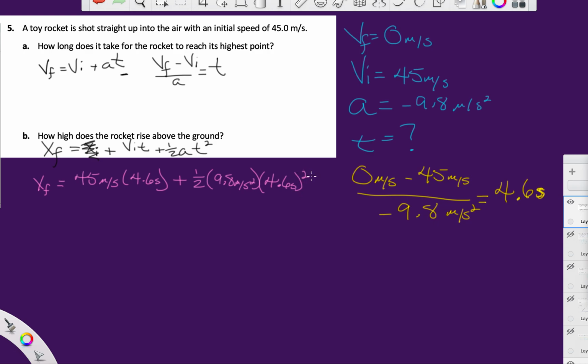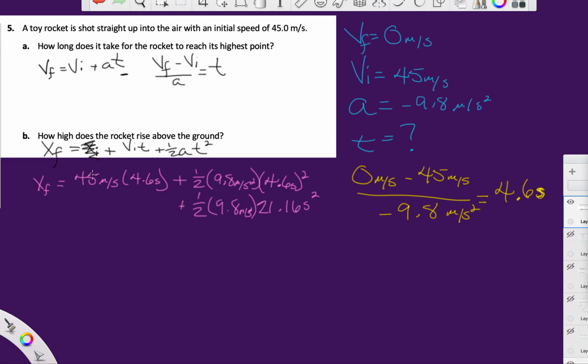And so I can start doing 4.6. So 4.6 squared is 21.16 seconds squared times 1/2 times 9.8 meters a second squared.